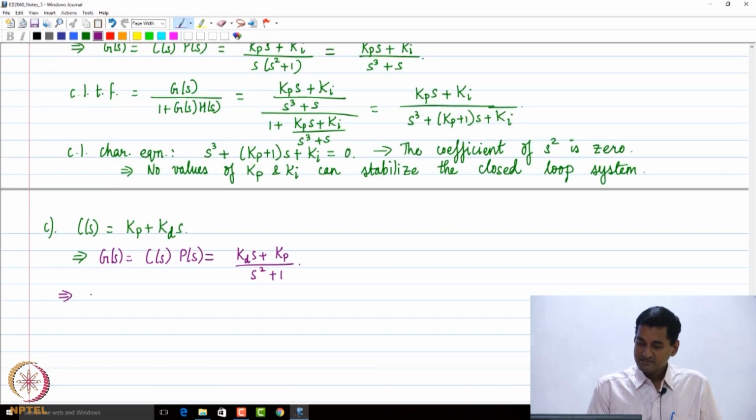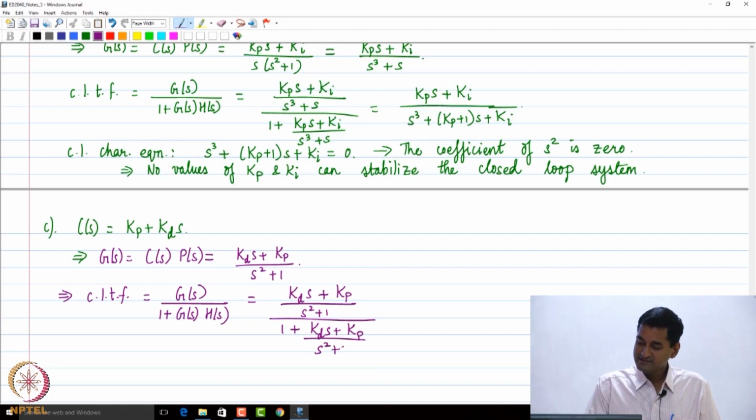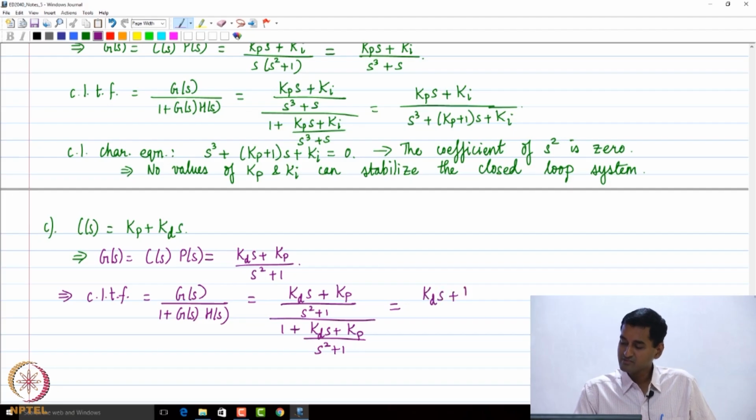This implies the closed loop transfer function is G of s divided by 1 plus G of s H of s, which is (Kd s plus Kp) divided by (s squared plus 1), the whole thing divided by 1 plus (Kd s plus Kp) divided by (s squared plus 1). That equals (Kd s plus Kp) divided by (s squared plus Kd s plus Kp plus 1).